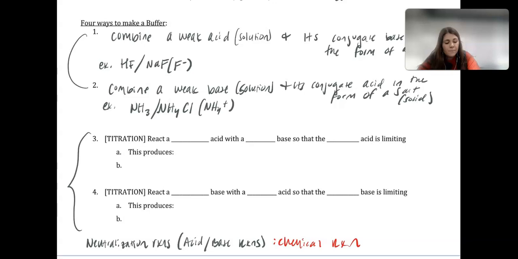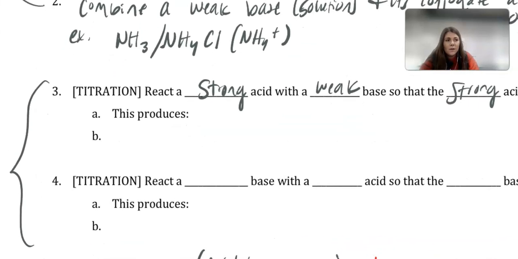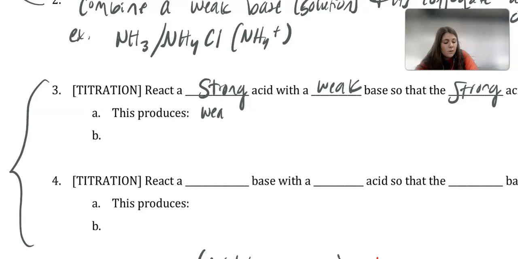Okay. All right, so let's say we react a strong acid with a weak base so that the strong acid is limiting. So here, this is going to produce the weak conjugate acid of the weak base. So how this would look, and I'm going to write this in net ionic equation form.